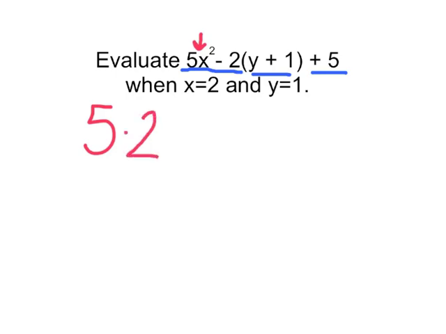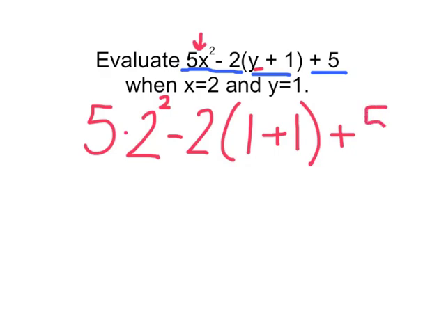X is equal to 2, and we have to square it, minus 2 times the quantity of y. Y is 1 plus 1 plus 5. All I've done is rewritten the expression, changing the x to 2 and the y's to 1.